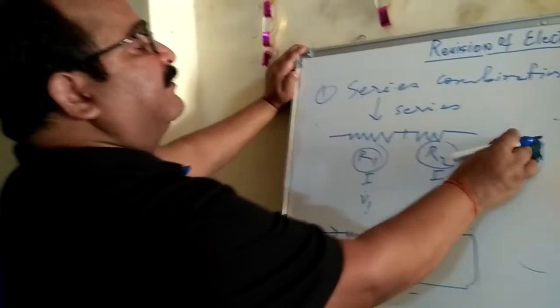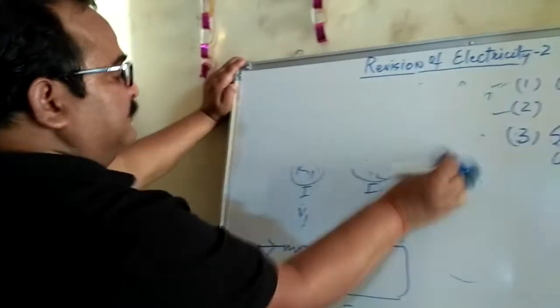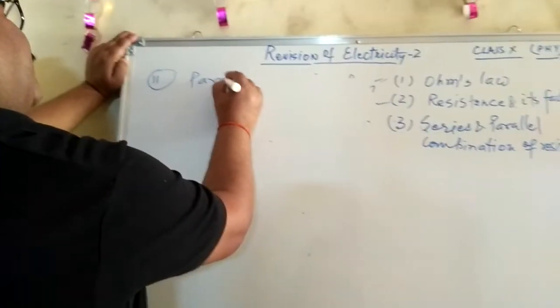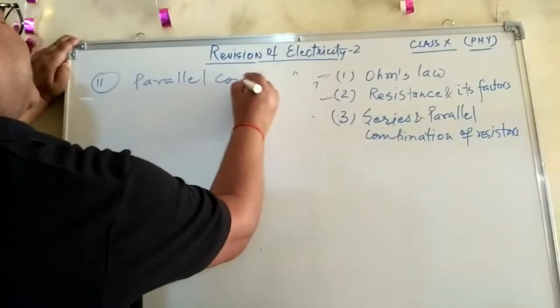Now the second type of combination is called a parallel combination.